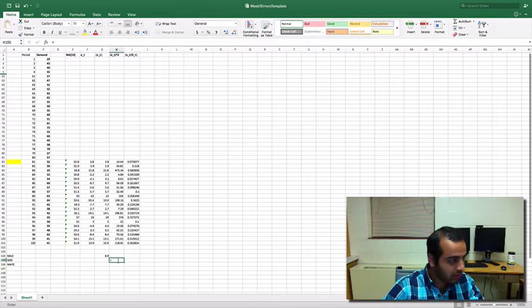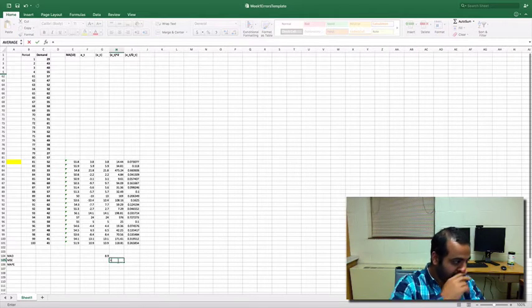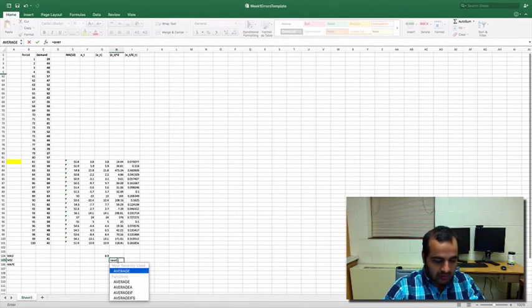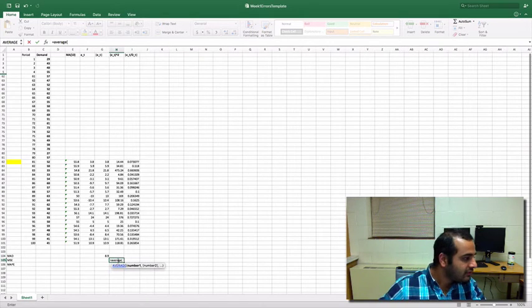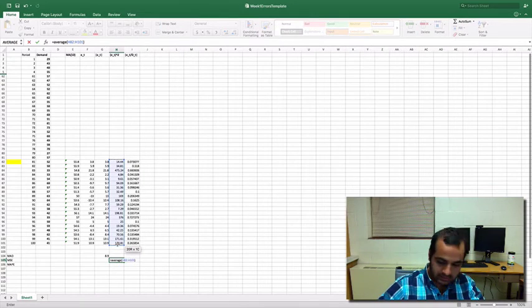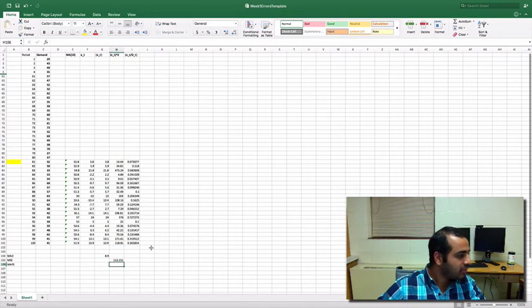You can do the same for mean squared error. Average mean squared error is 113.51.